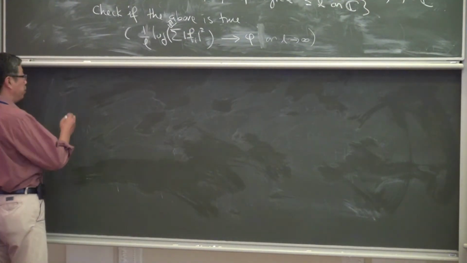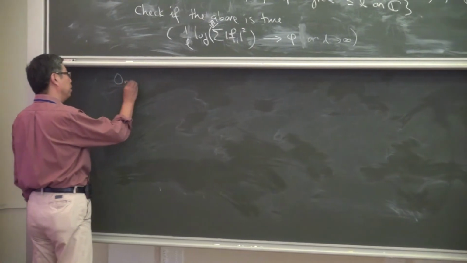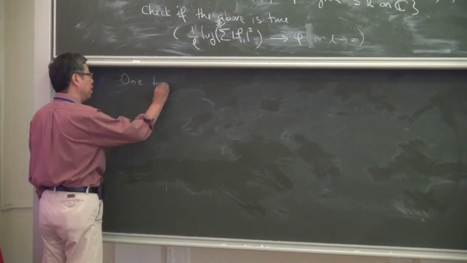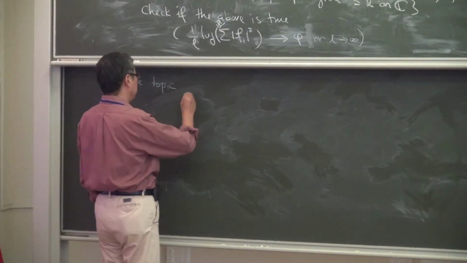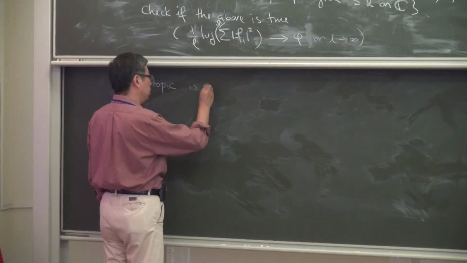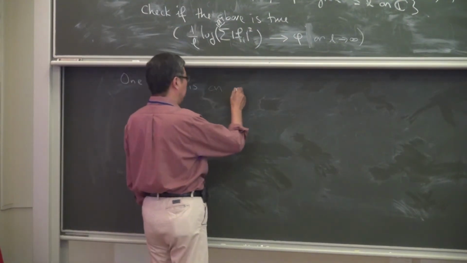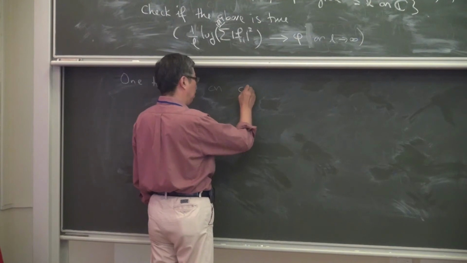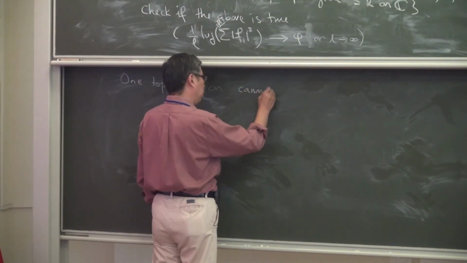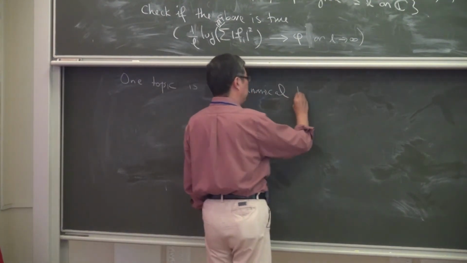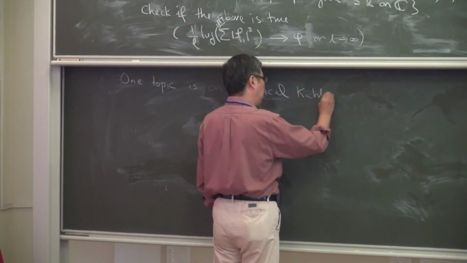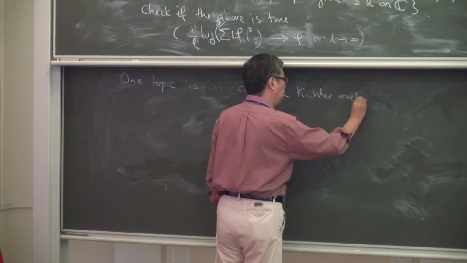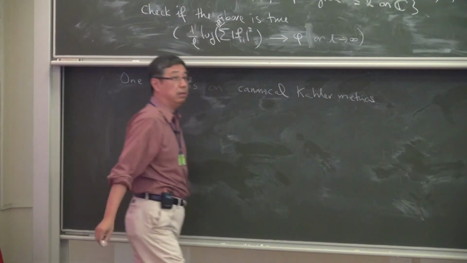So in Kahler geometry, one topic, which is related to what I was going to say last time, is about the Kahler-Einstein metric on a canonical Kahler metric. Okay.